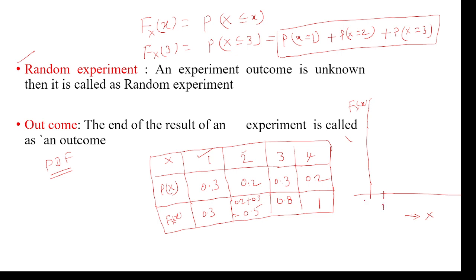At 1 it has probability 0.3. Here I am assuming at 2 it has 0.5. And at 3 it has 0.8. And at 4 it has 1.